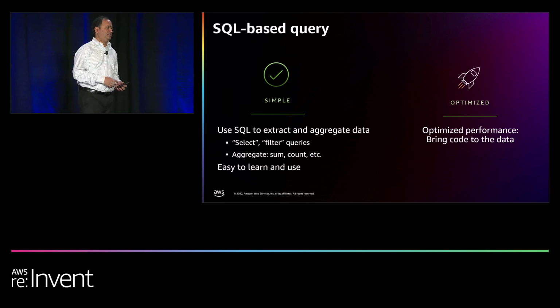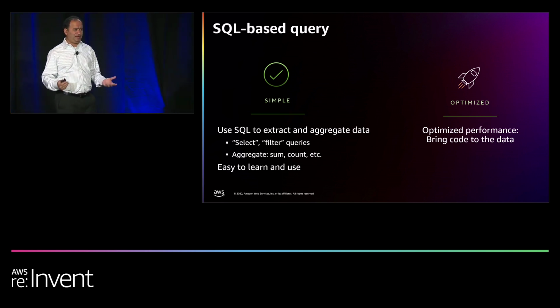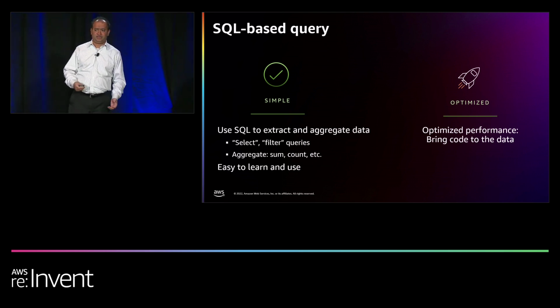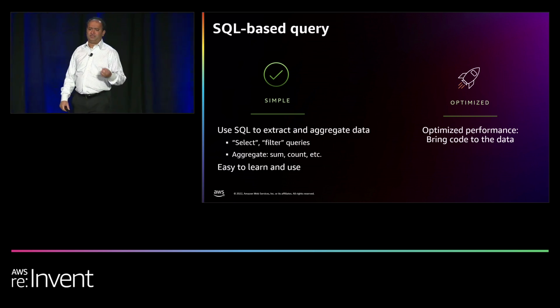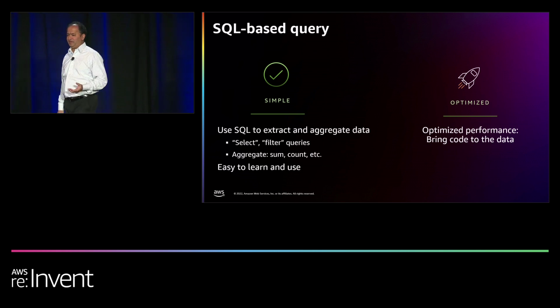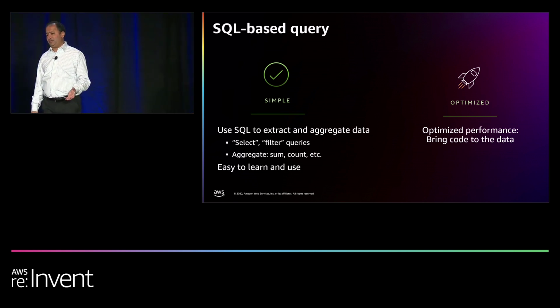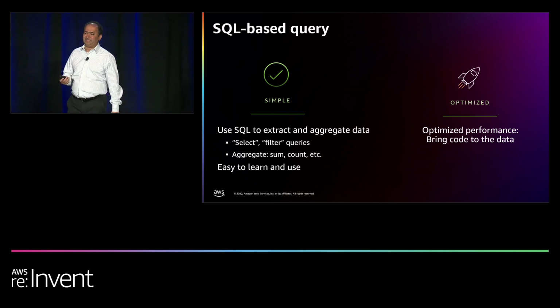SQL is great to get started. If you are going to query data, if you are going to extract data, you are going to join data, you are going to aggregate data, SQL is great, right. This typically takes a form of select statements, where statements, having, sum, count, aggregate. Running with SQL is fast.